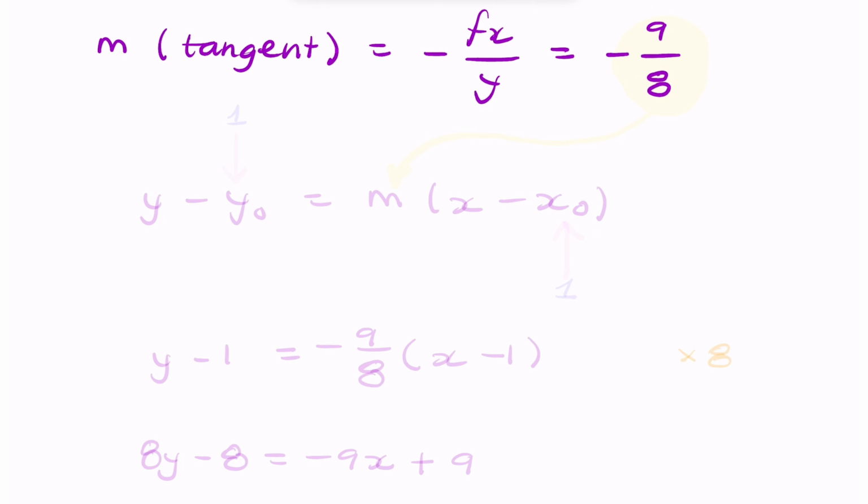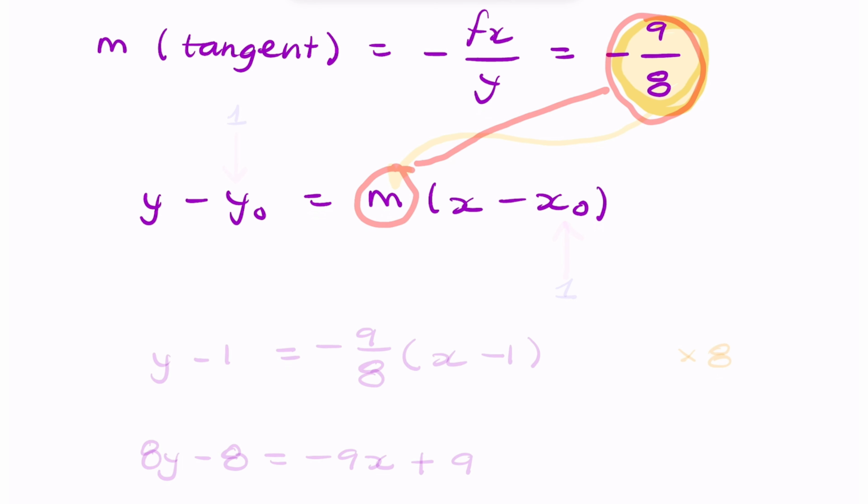And we can now write our line as y minus y naught equals m times x minus x naught. And m is negative 9 over 8, so that's the value we just calculated.